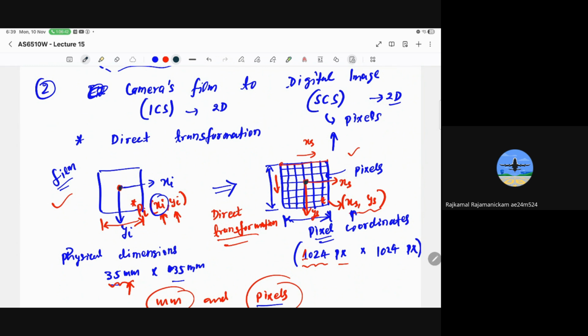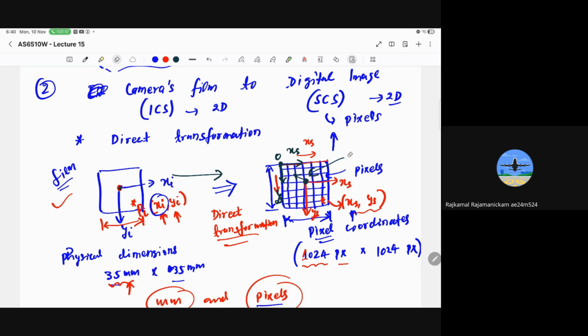But for processing digital images, it's better to take the origin of the digital image at this corner, with the x axis here and y in this direction. So whatever coordinates we have for this point from this transformation, we can translate them if we put the origin here.